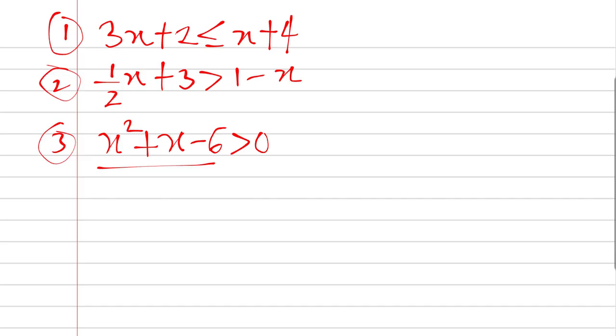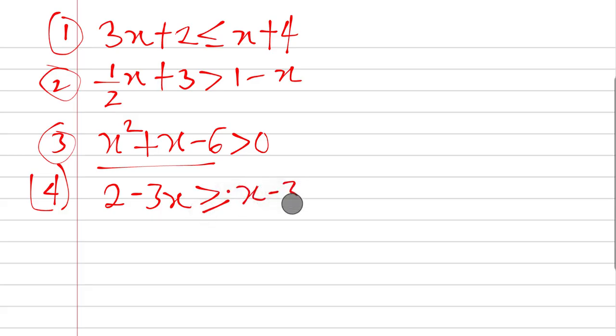Let me make it 5 assignments. Number 4, let me just make it 5 so that you can also solve it well. All right, so do this one: 2 minus 3x is greater than or equal to x minus 3. Yes, do this one also.